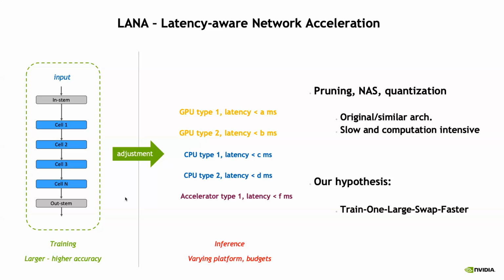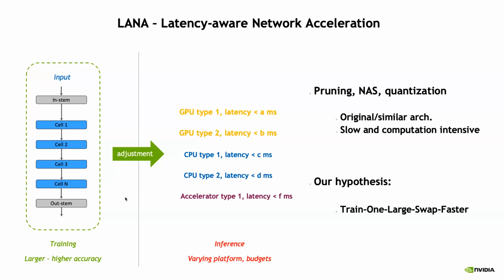What we now want to propose, which is a new paradigm, is offering more degrees of freedom in this post-training model adaptation. Our hypothesis here is we just train one large network, and upon inference, we swap these networks into faster or security-verified alternatives. Because we have this model that is already trained, we don't want to disrupt it so much.